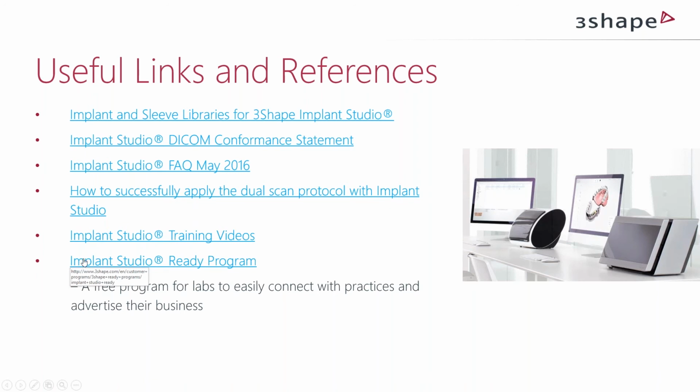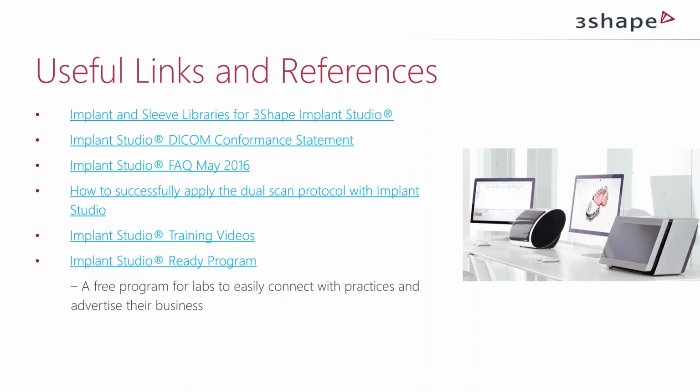And finally, we have the link to the web page where we have the Implant Studio Ready program. It's just a reminder for those who don't know about it. It's a free program for labs to easily connect with practices and advertise their business.